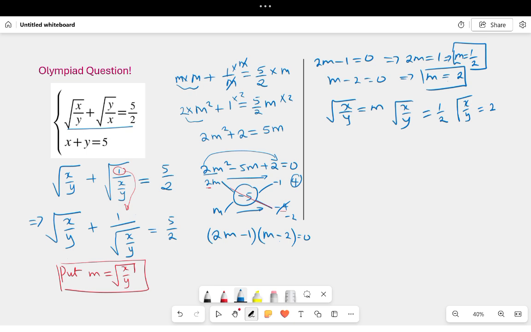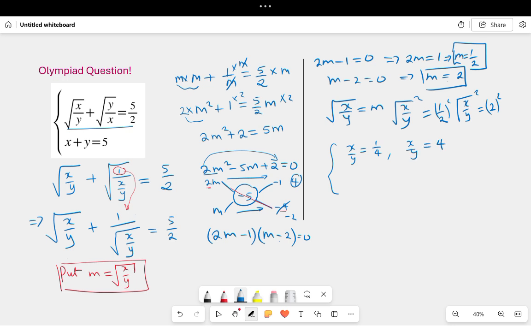Now, if you square both sides, we are going to find our x over y to be equal to 1 over 4, because 1 over 2 squared is 1 over 4, and x over y will be equal to 4.